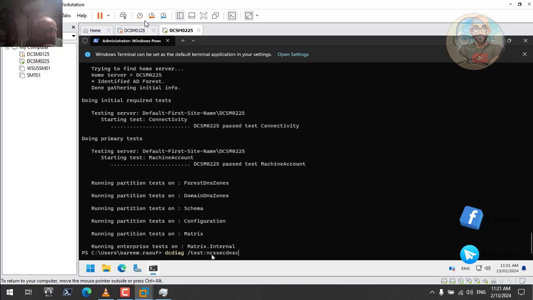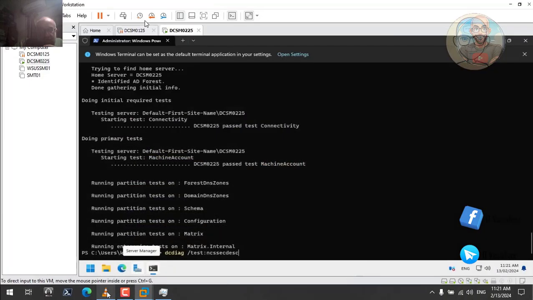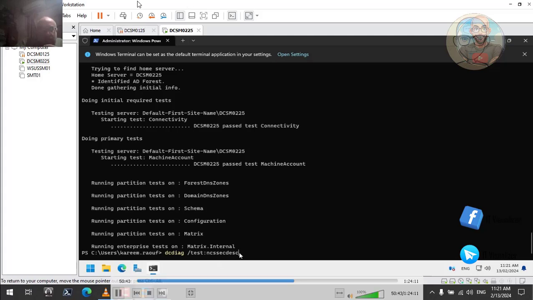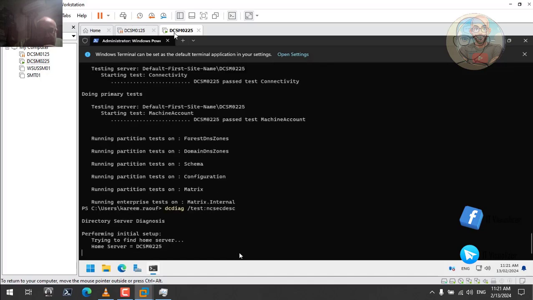Let's see when we try to run it, but first we need to use only one S, not a double S. It will run only on this additional domain controller because the other is suspended. Let's run it.